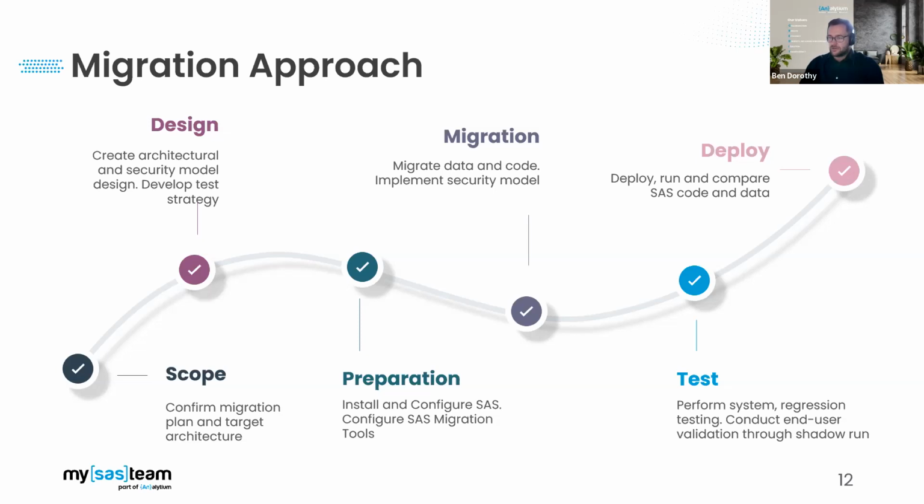And the final step is the deploy phase, where we deploy those changes into the new environment and monitor the 2 environments in a production mode before switchover. So that's a high-level view of the approach to migration.